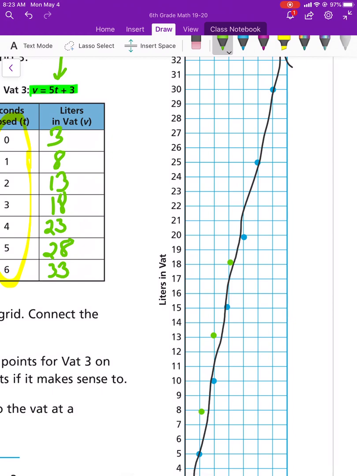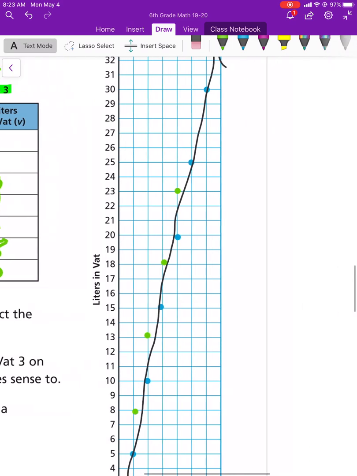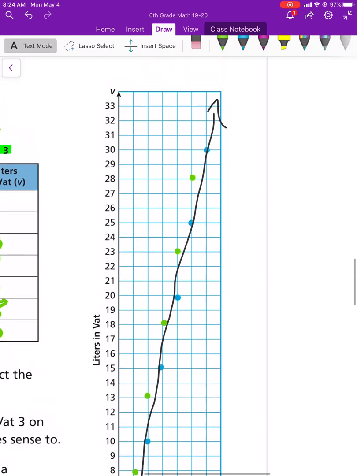and then we have 4, 23, and then we have 5, 28. And then what else after that? 6, 33. Right there.